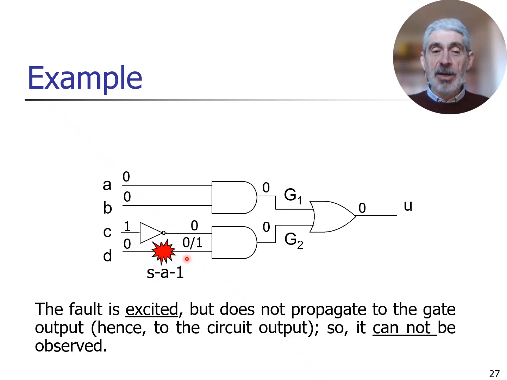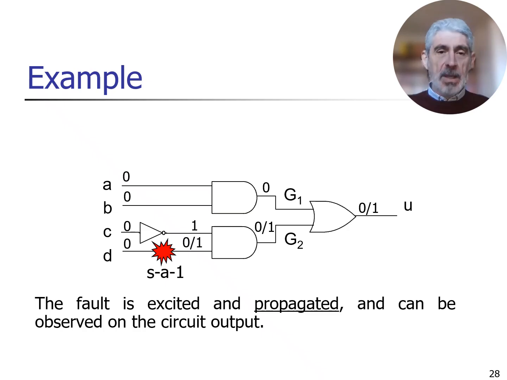It does not depend on the value on D. So 0010 is not a test vector for my fault. If I move C to the value 0, the lower AND gate has a 1 on the other input with respect to D, and the effect of the fault is propagated to its output. The same happens with the final OR.